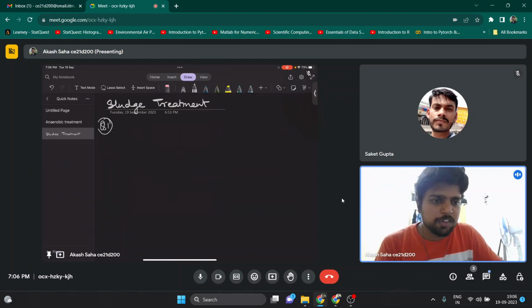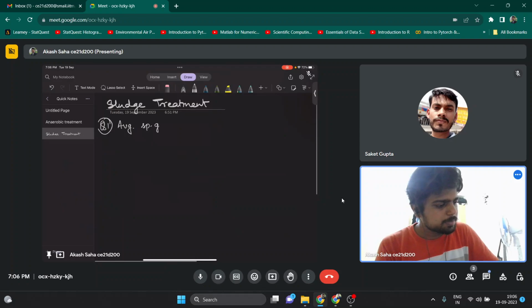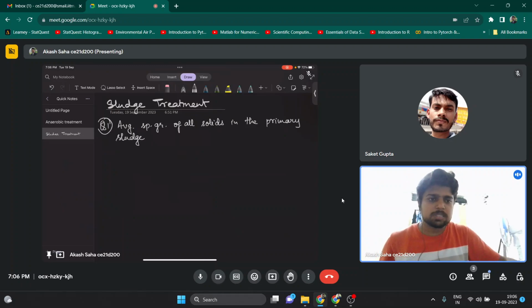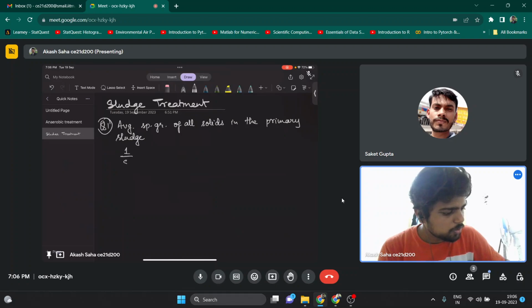So we have been given all the parameters. First we will try to find out the average specific gravity of all solids in the primary sludge. Suppose the specific gravity of the solids present in my primary sludge is St. So I can write 1 by St will be equal to, now how much of fixed solids are present?